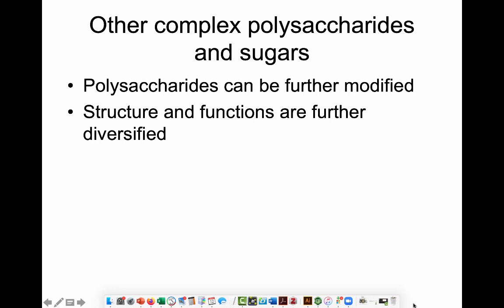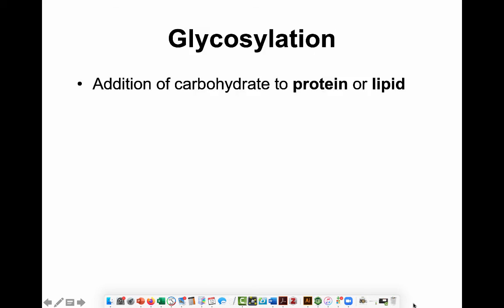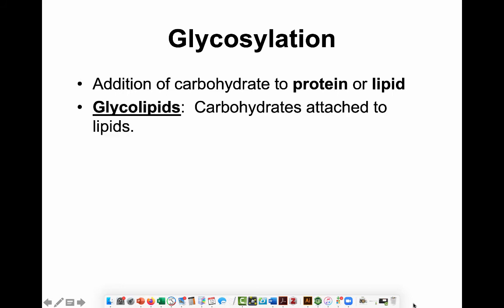Okay, so now we're going to go into other types of complex polysaccharides and sugars. What we'll see is that polysaccharides can be further modified, and that is going to further diversify their structure and function. So glycosylation is the addition of a carbohydrate to a protein or lipid. A glycolipid is a glycosylated lipid in which a carbohydrate is attached to a lipid.